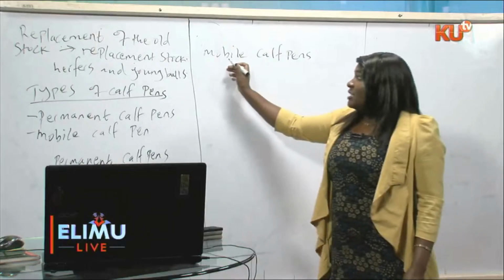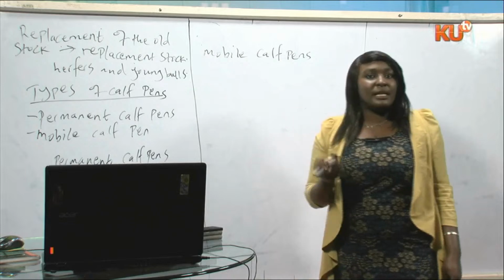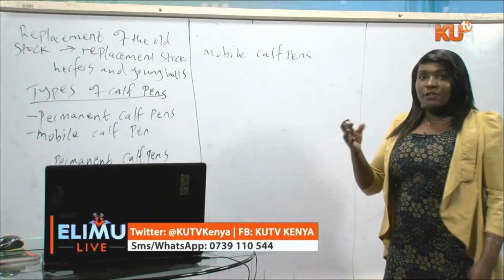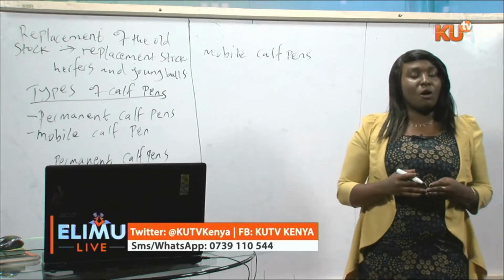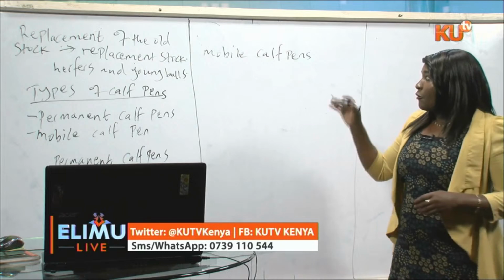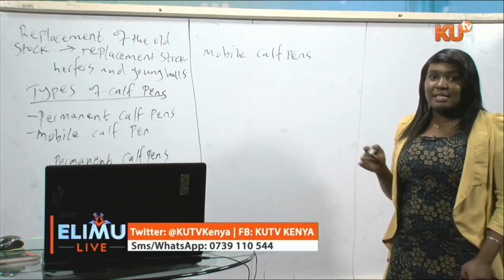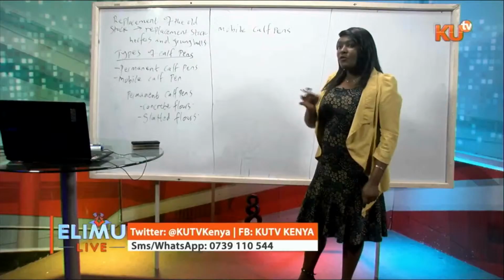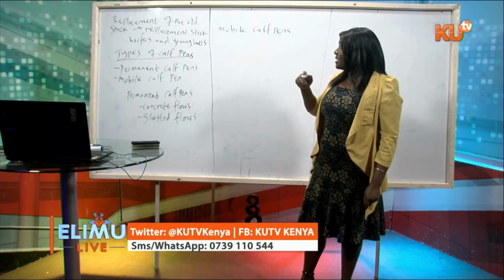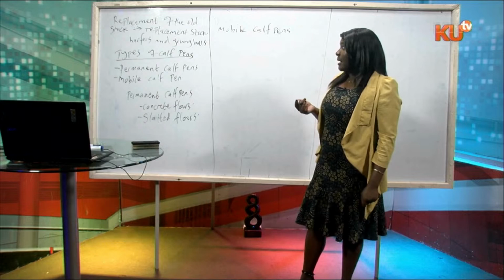So these calf pens have an advantage. There is no buildup of parasites and diseases, because you move them almost every other day. So you move them and there is no buildup of parasites and diseases. Parasites like the ticks, you move them, you leave the pests where they had been left, where they had spent the previous day.